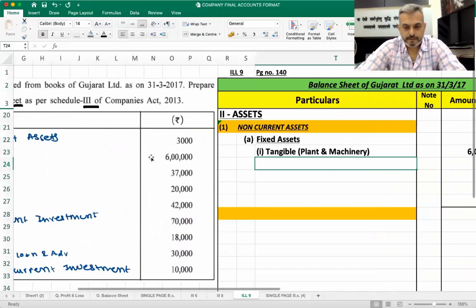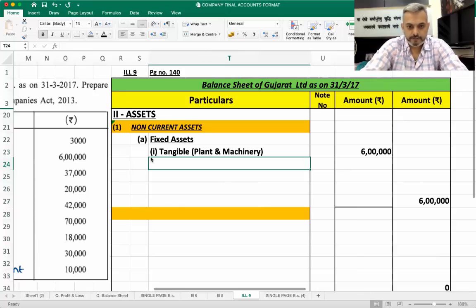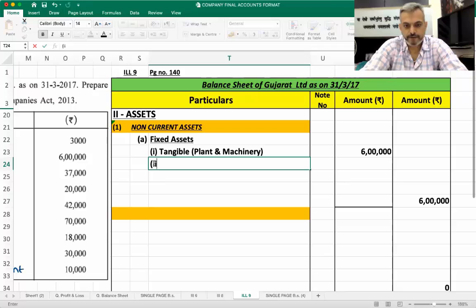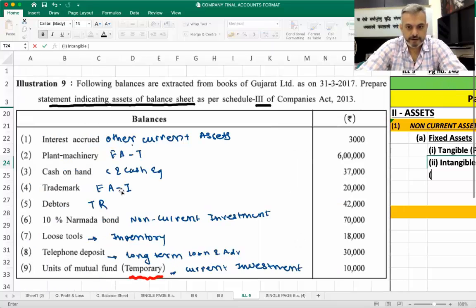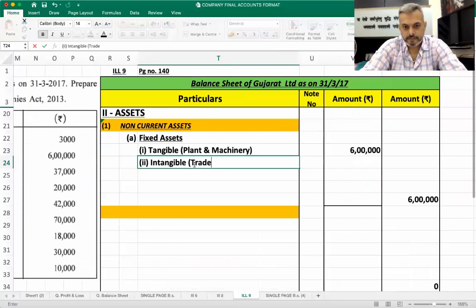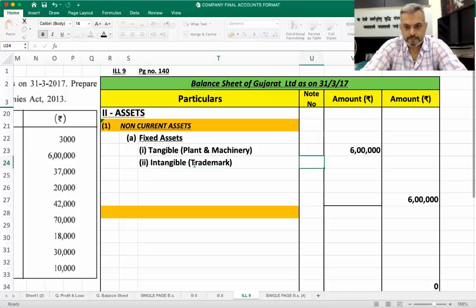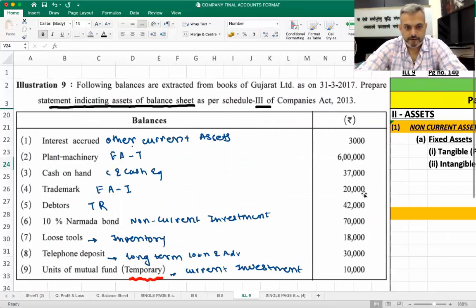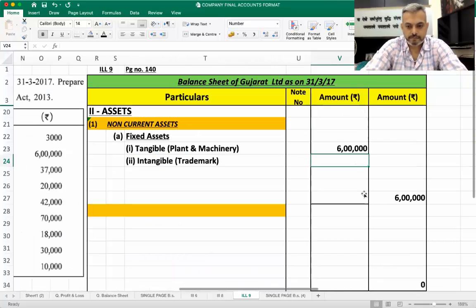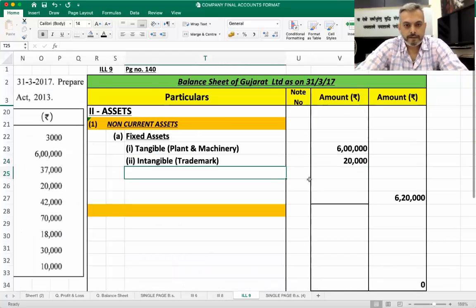Second, intangible. So we follow this order only, okay? So that's why it's important you learn the format. Intangible, what do we have? Let's check out. Intangible trademark. Now intangible trademark is 20,000.